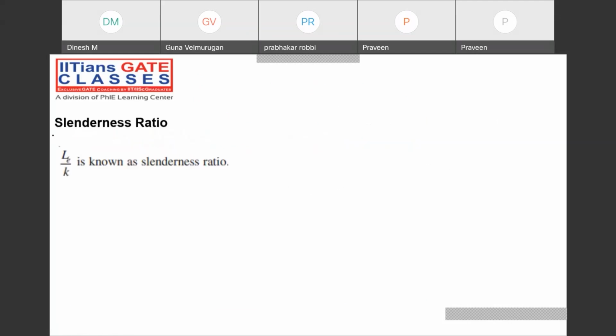Note down the last one, slenderness ratio. It is defined as the ratio of the effective length of the column to the least radius of gyration.